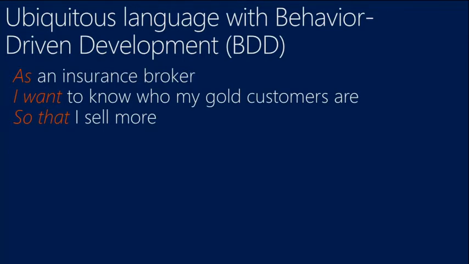The insurance broker wants to know who the goal customers are. And for a certain reason, there is a goal with this story. A story without a goal, we should just skip. That's not important to deal with. But in this case, the goal was to sell more. So this is something that has been used a lot by a lot of people.